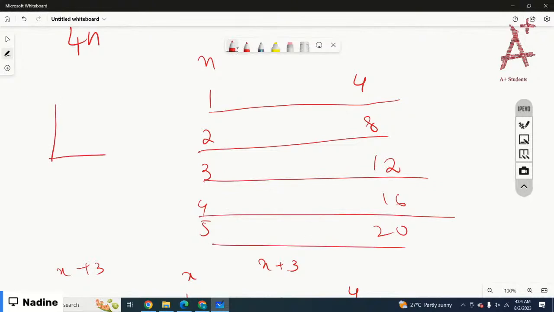Let's suppose this is the graph. You have all positive values, right? On this side you can have all the n values like this one, and on this side you have all the output values, right? Let's just start plotting the points for the ordered pairs. Here you have 1, 2, 3, 4 and 5.